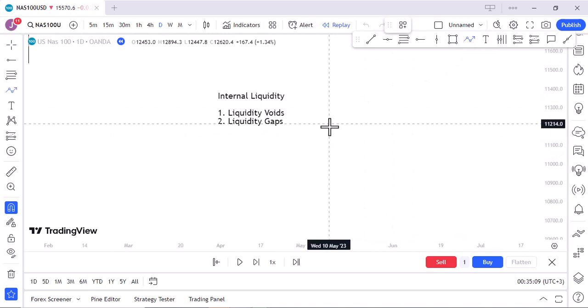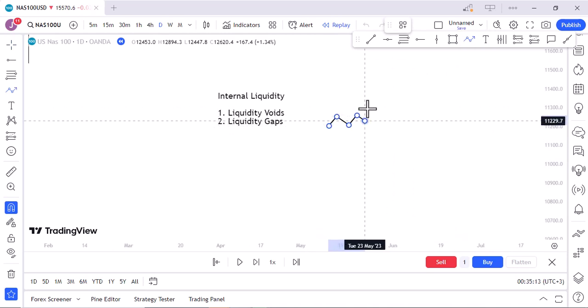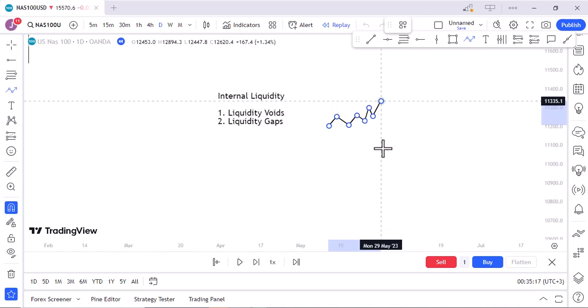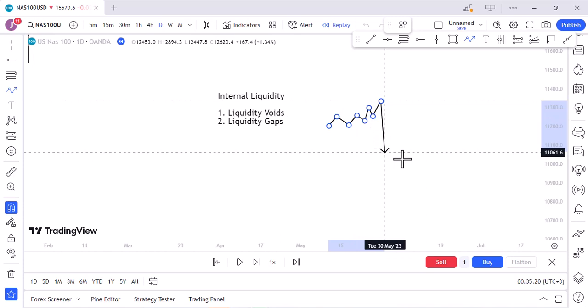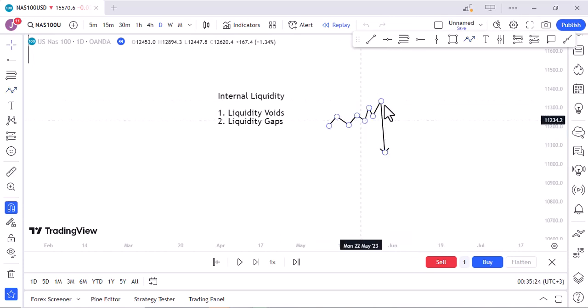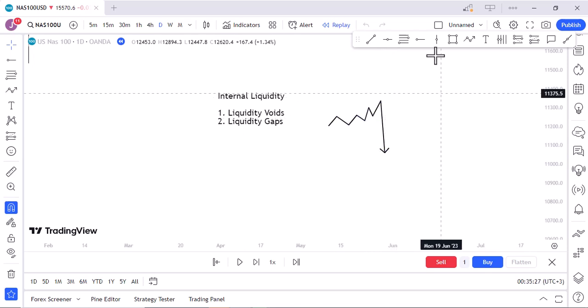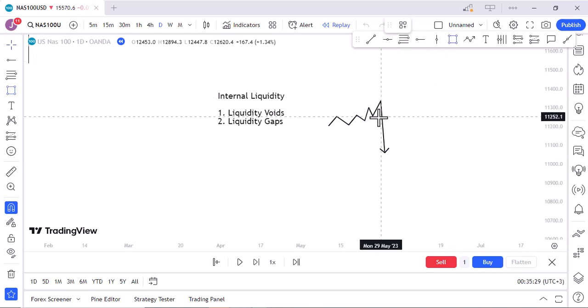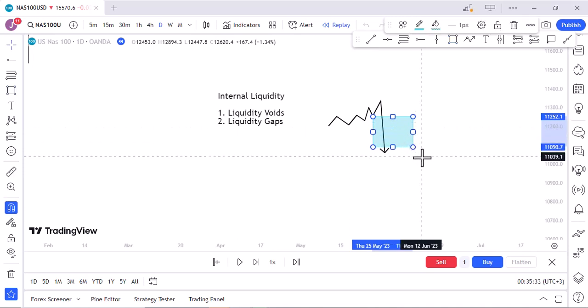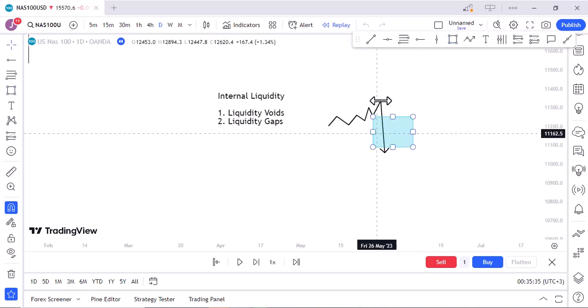You can take, for instance, price doing this, and then suddenly price goes and does this, maybe a single or even two candles, then price just does that. When it does this, this is what we call a liquidity void. This entire area here would be a void.